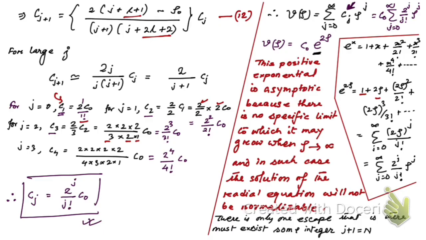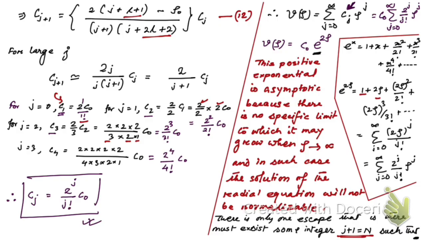So it cannot be an infinitely growing series. So to have a normalizable solution, the condition that should be satisfied for the desirable result is that there must be some integer n, which is nothing but j plus 1, like capital N.